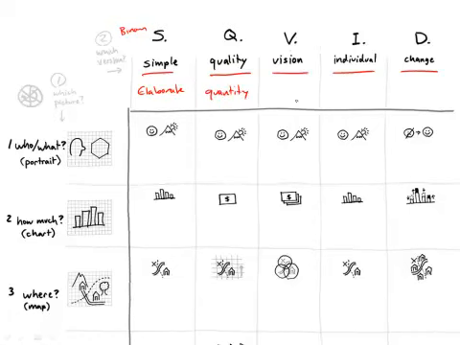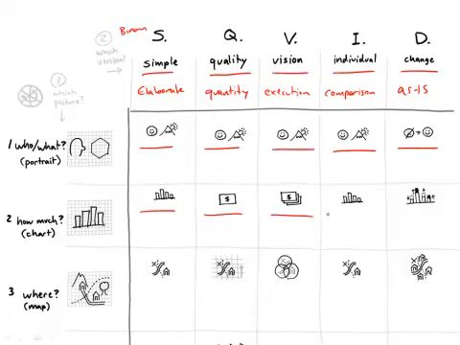Quantity. What was the opposite of vision? Execution. What was the opposite of individual? Comparison. What was the opposite of change? As is.